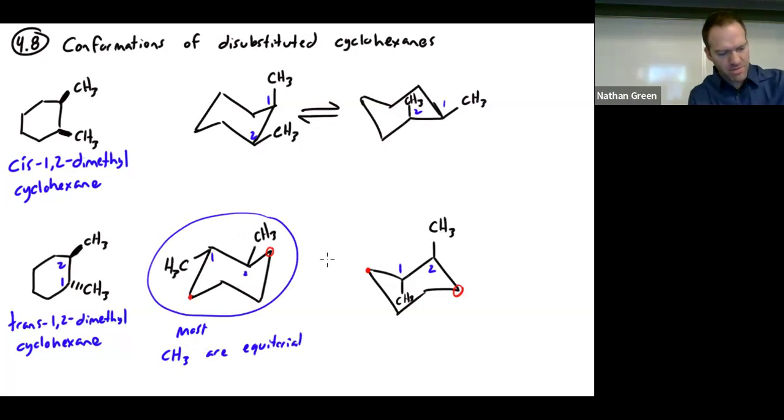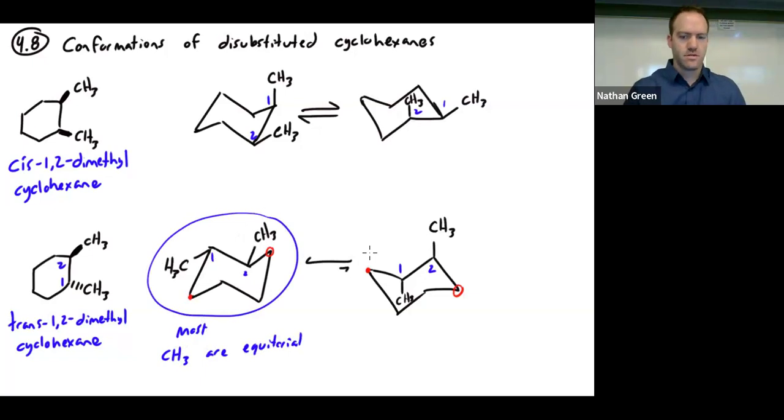That means the equilibrium is going to heavily lie this way and not much go back that way. The rule of thumb here is that cyclohexanes are most stable when bulky groups are in equatorial positions.